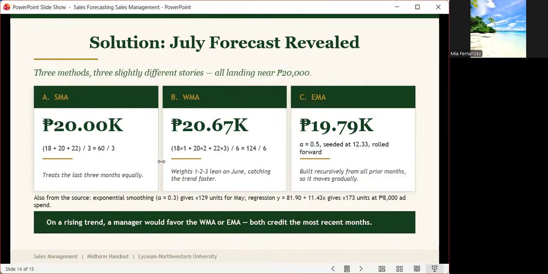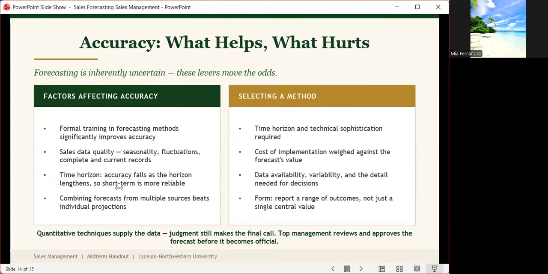And for the time horizon, if you forecast far ahead, a lot of things can happen within 2 or 3 years. But if you are going to forecast the next monthly sale, that would be more accurate because it's just a short period of time.